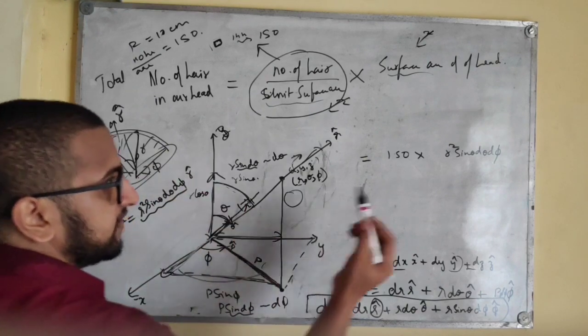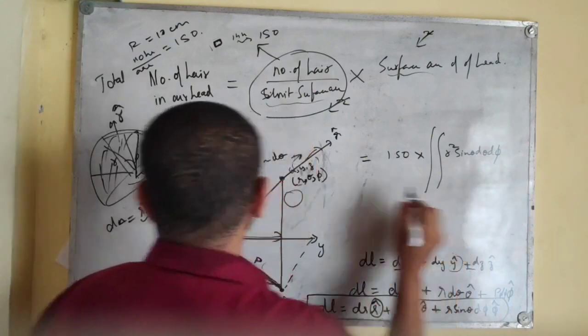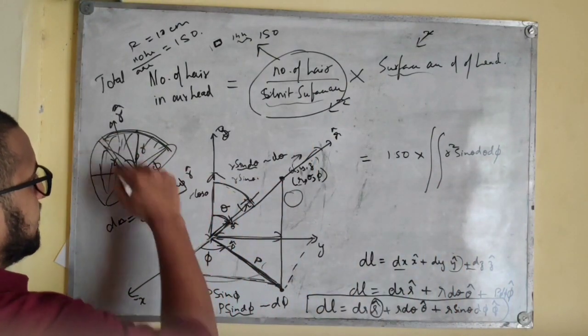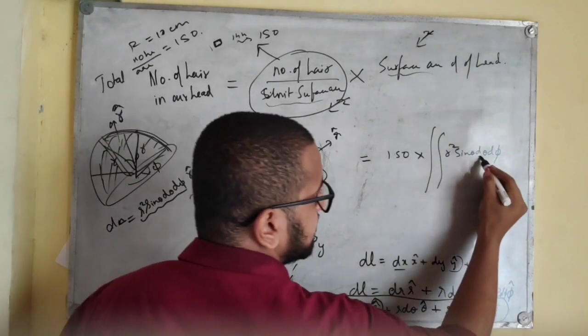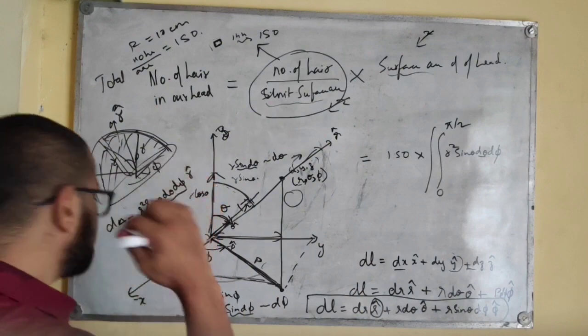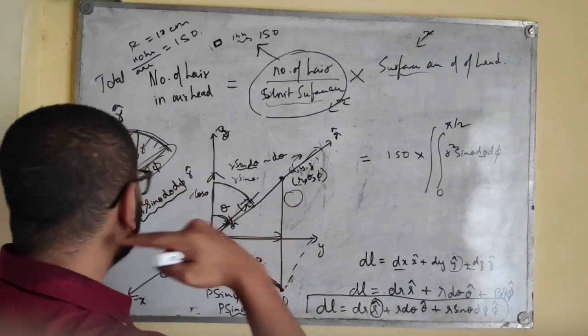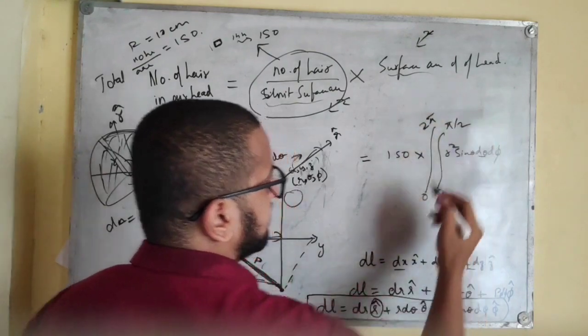So we integrate theta from 0 to 90 degree, since we assumed a perfect hemisphere. And phi is going to rotate a complete rotation of 0 to 360 degree, that is 2 pi.